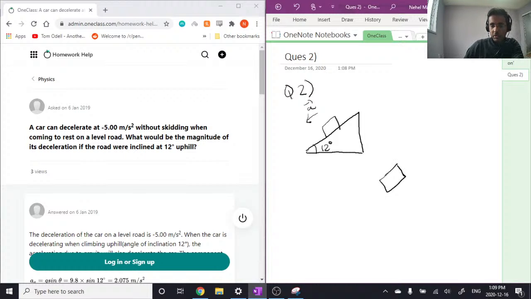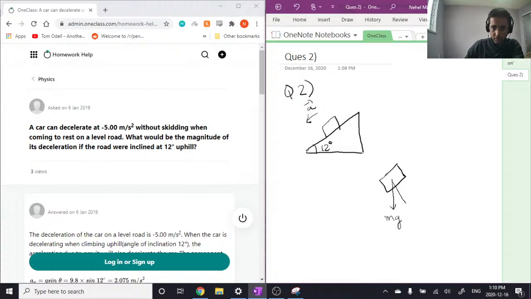Okay, so the first force acting on this is the force of gravity, which is the weight of the car, acting in the downward direction, and this will be equal to mg. Since it's on an incline, we can resolve this downward force into its x and y components.